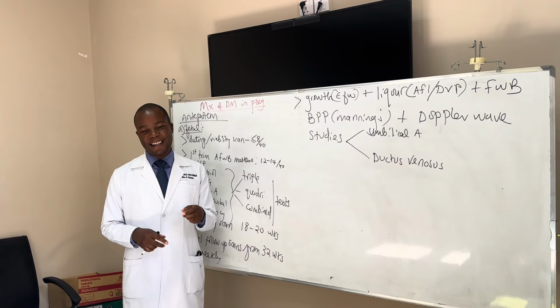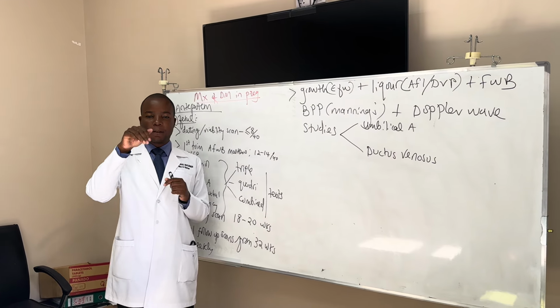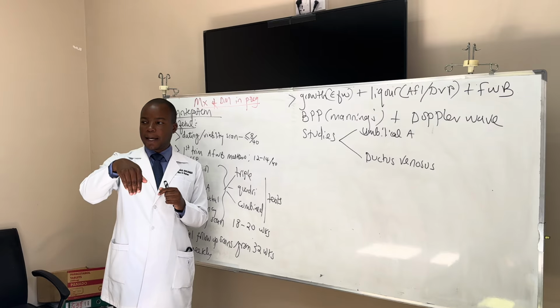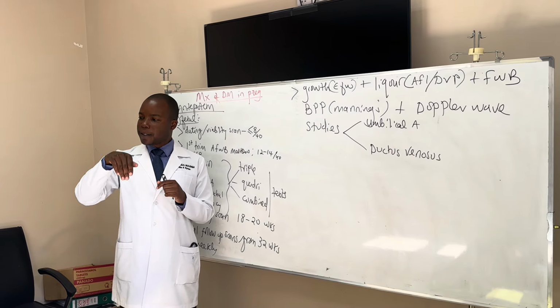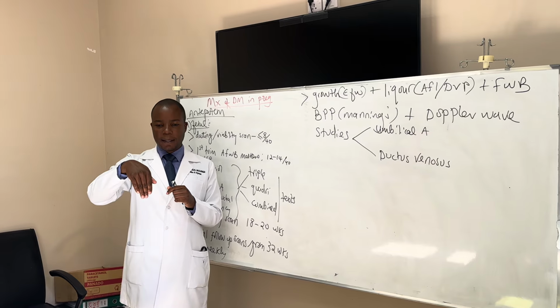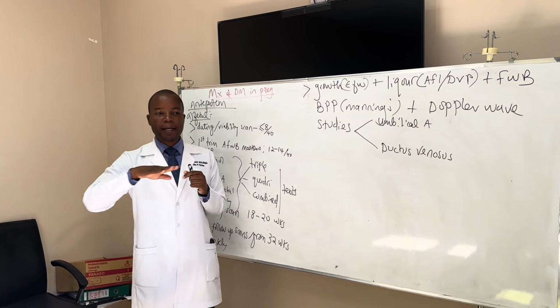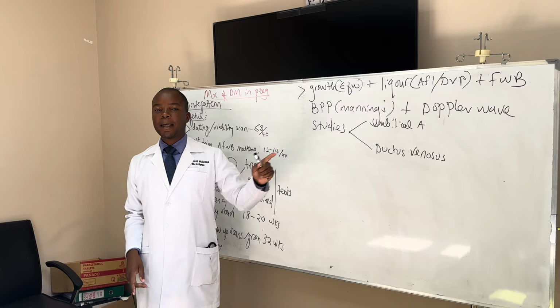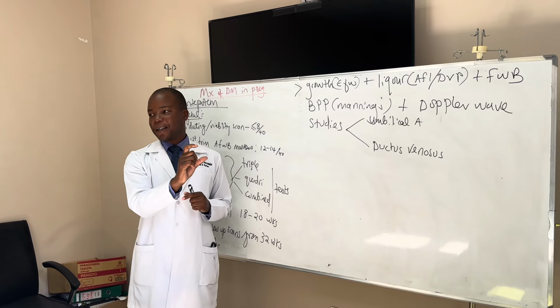Very interesting. Then the one which reaches first enters the right atrium, but does not go into the right ventricle. Instead, it makes a shortcut and goes into the left atrium through the foramen ovale.